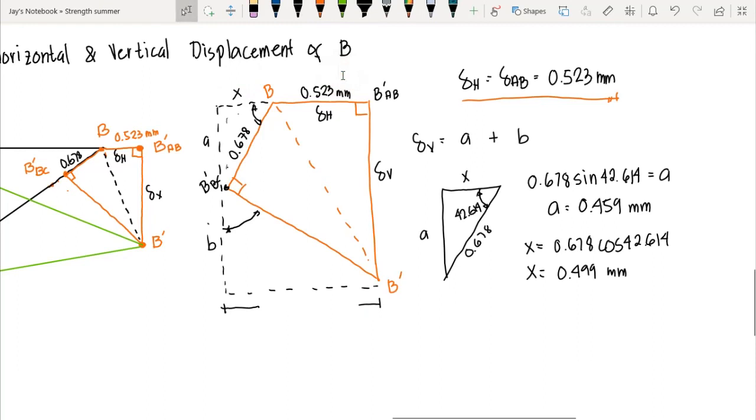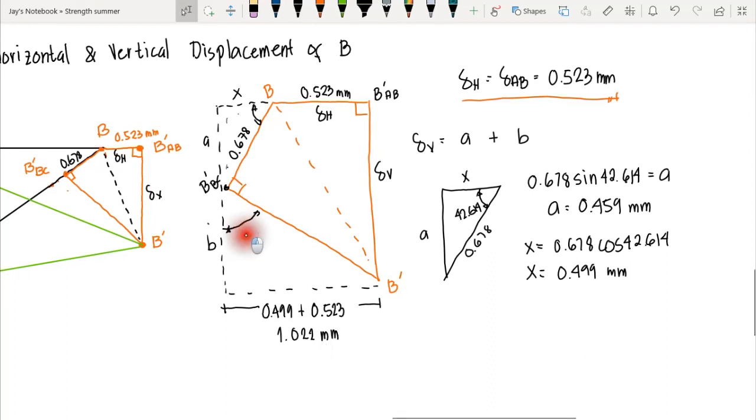Then we have 0.499 plus 0.523. This gives us 1.022 millimeters.